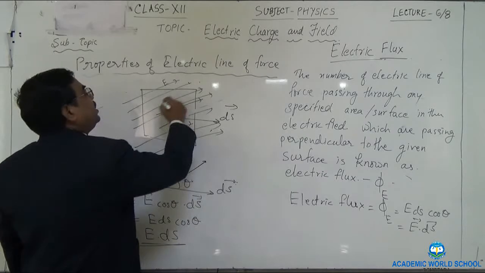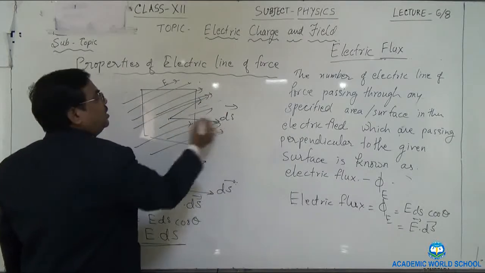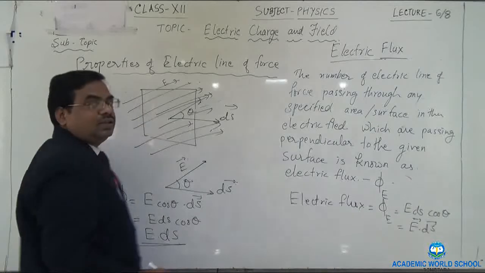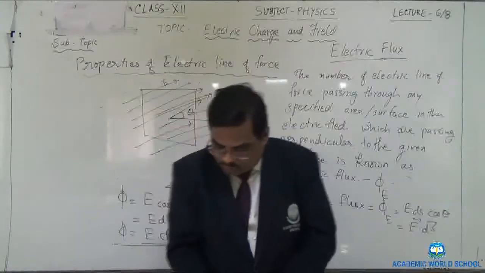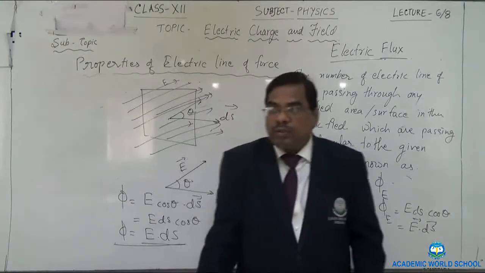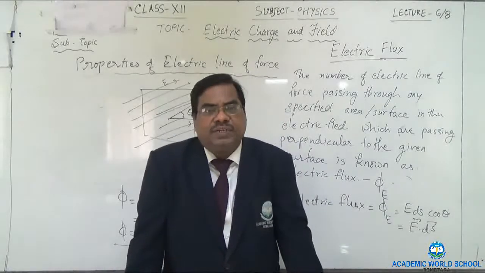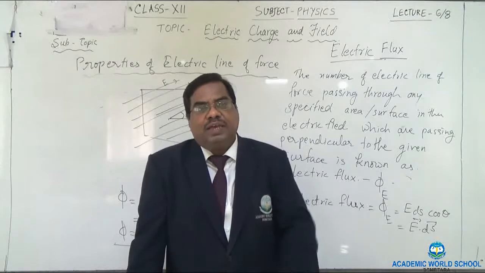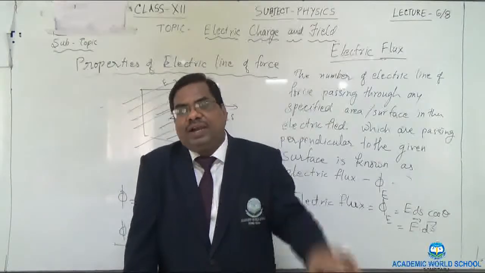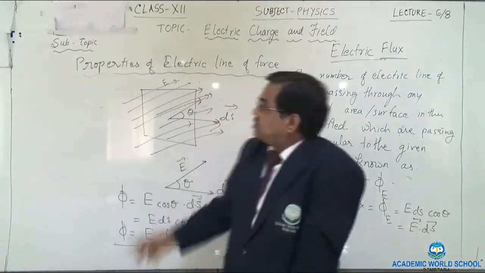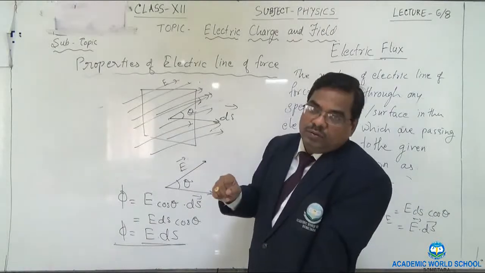The angle between electric field and ds vector is called theta. So dear students, electric flux is the number of electric field lines which are passing through any area.